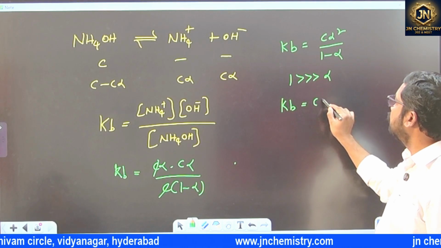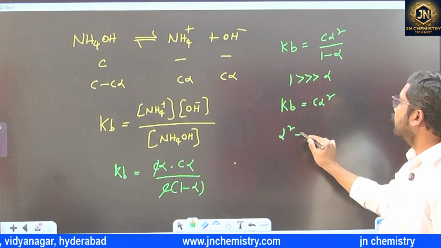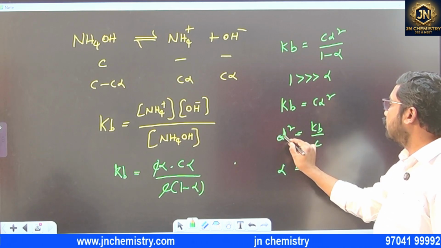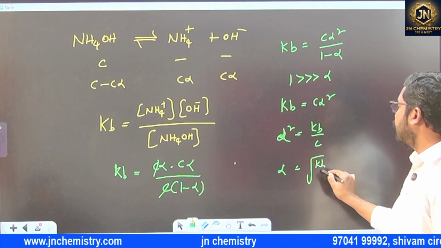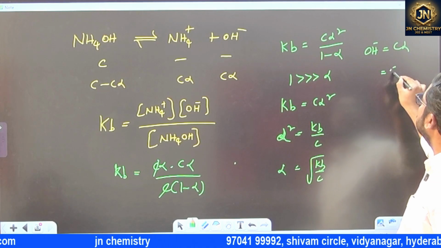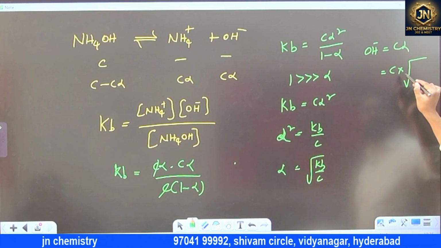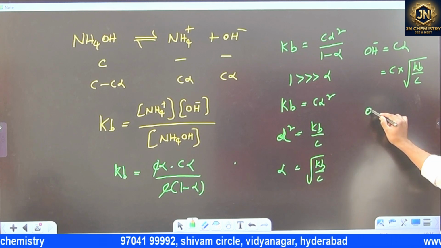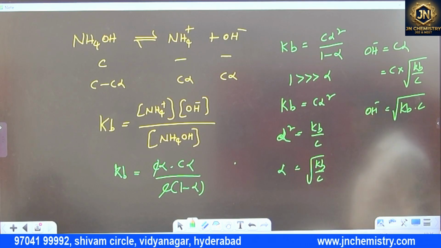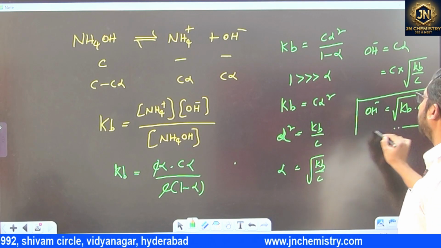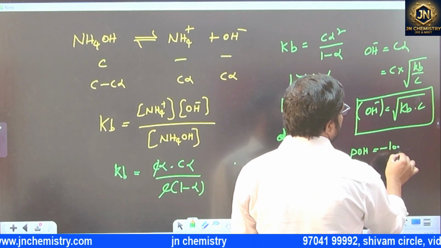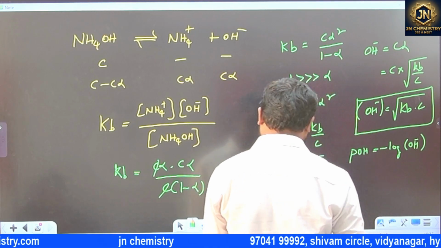Kb is equal to C alpha square, so alpha is equal to under root Kb by C. The OH minus ion concentration is equal to C into alpha, which is root Kb into C. So pOH is equal to minus log OH minus ion concentration.